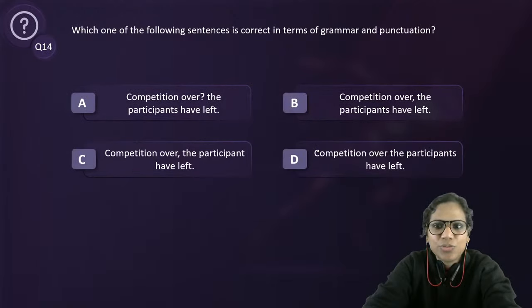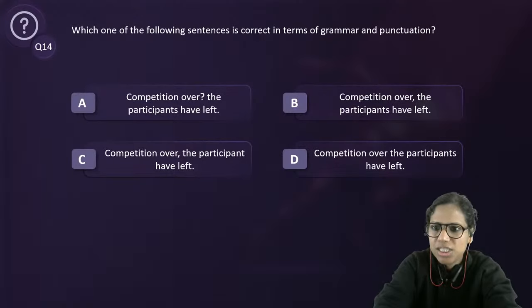Okay, let's have a look at this one. 14th. All right. So I've got one D. Okay, a couple of Ds.